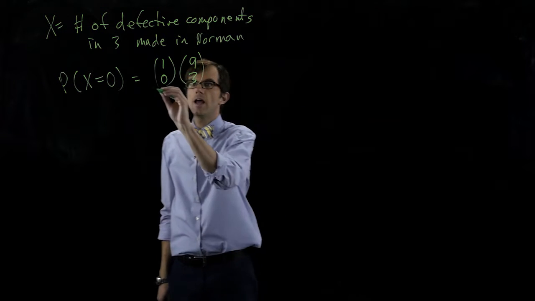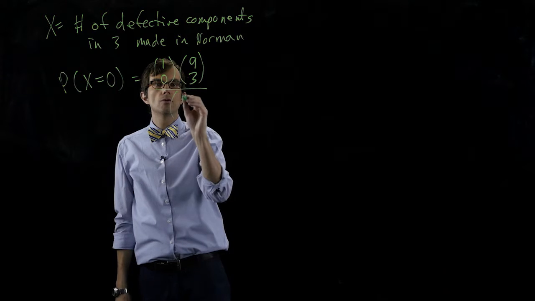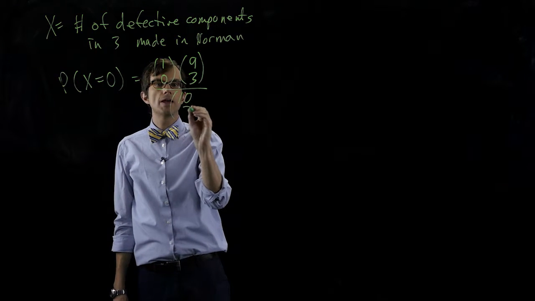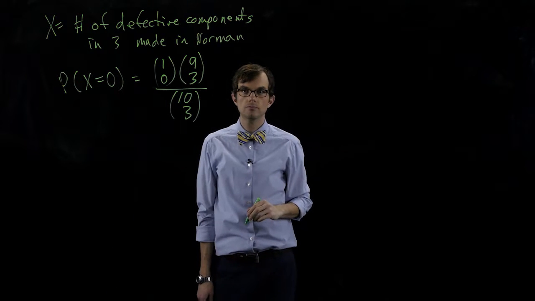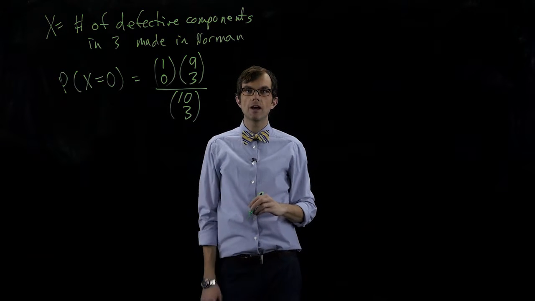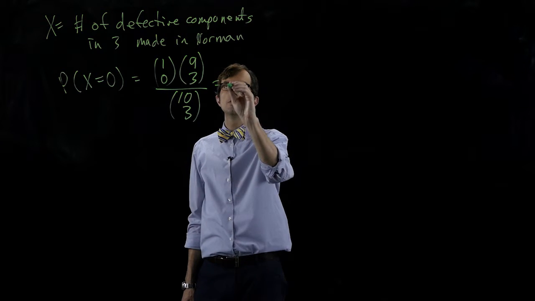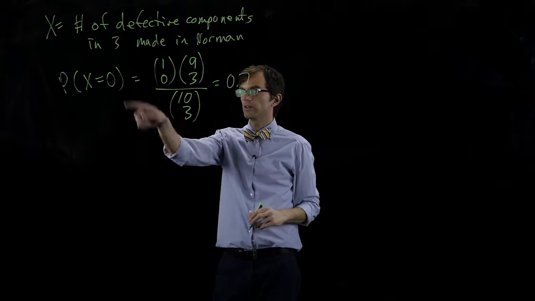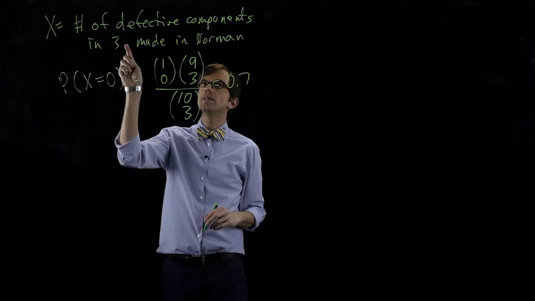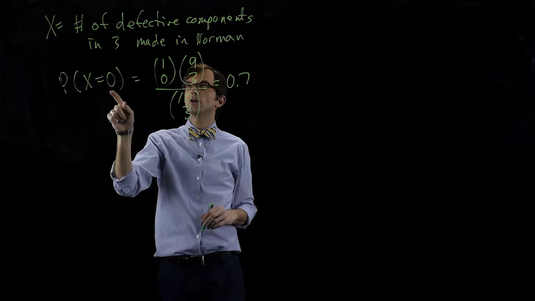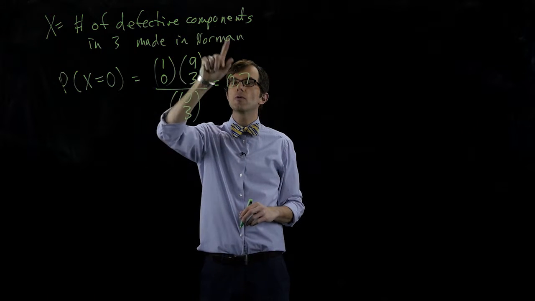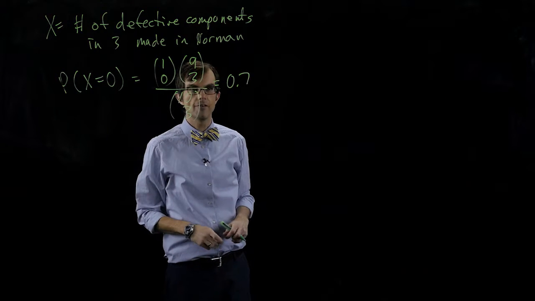And in the denominator, how many ways are there to pick 3 from 10? As it turns out, if you work this out, the probability that we get no defective units from those made in Norman is 0.7.